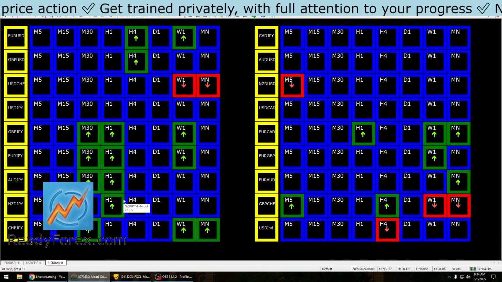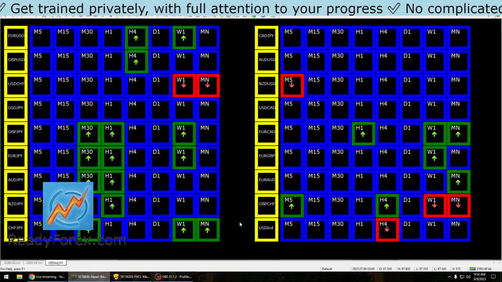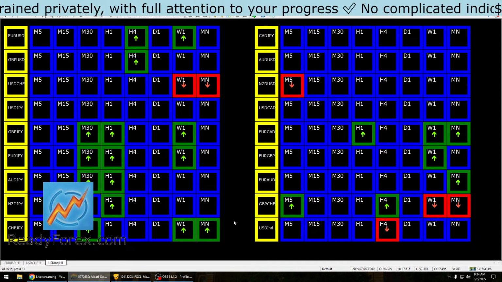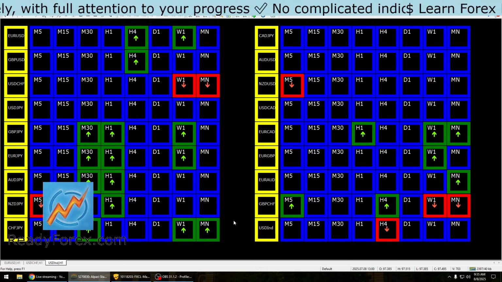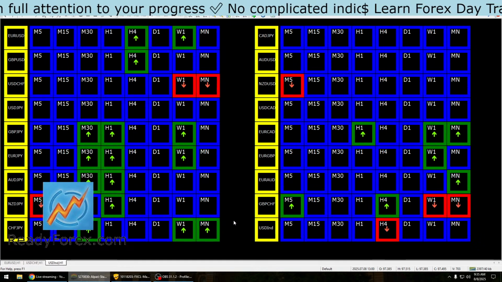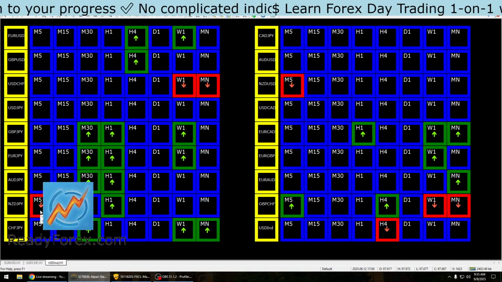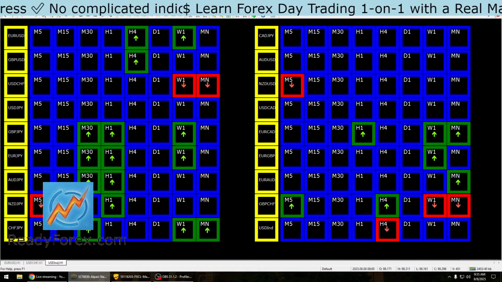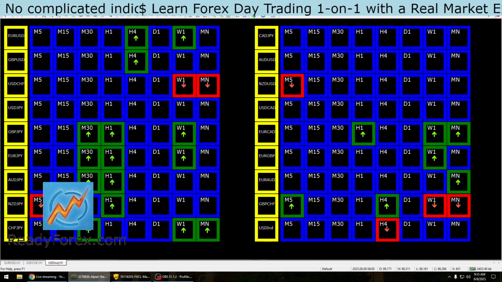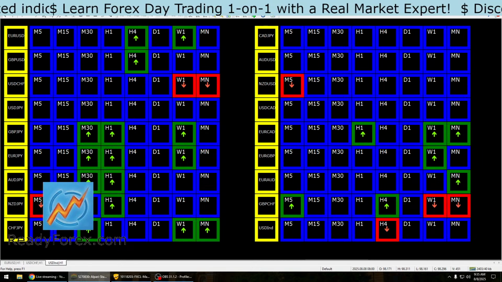NZDJPY is bullish, but not as bullish as compared to the AUDJPY, EURJPY, and GBPJPY pairs. Even in the 5 minutes time frame, the NZDJPY is trying to drop over here. So it's kind of a tricky situation.